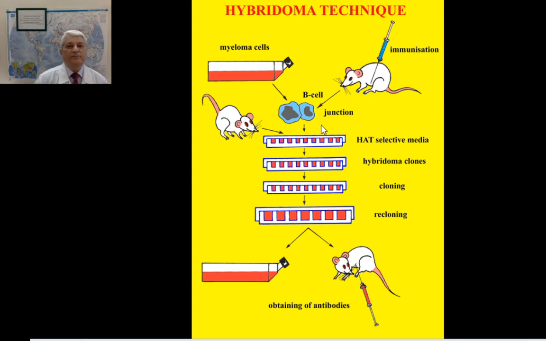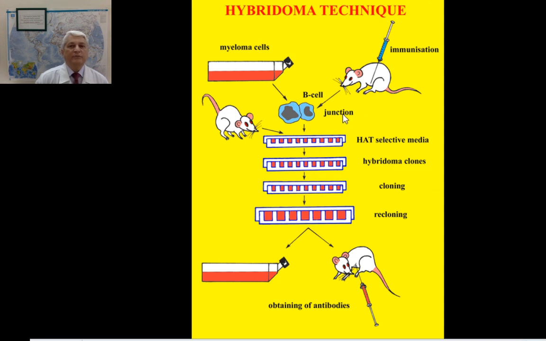How to obtain it? For this, Köhler and Milstein used mice, this white mouse. Here we have immunization. By a syringe we inject antigen, and later this mouse will produce antibodies against the injected antigen.